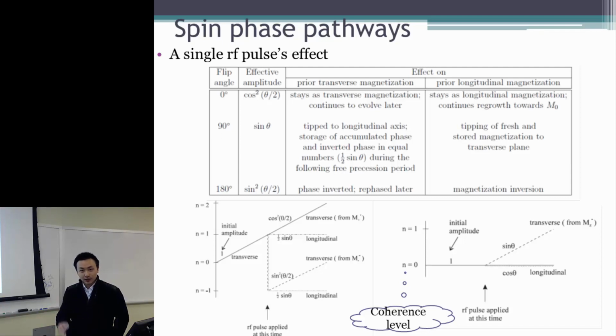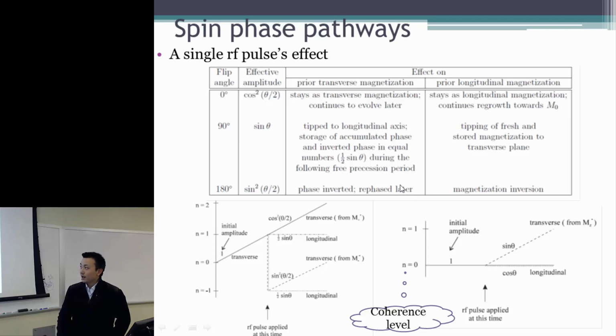At this point, it is parallel to the external field, so its phase does not precess anymore, but it still has the memory of the phase it developed before. This is the one that has been flipped by 90 degrees to the longitudinal axis.